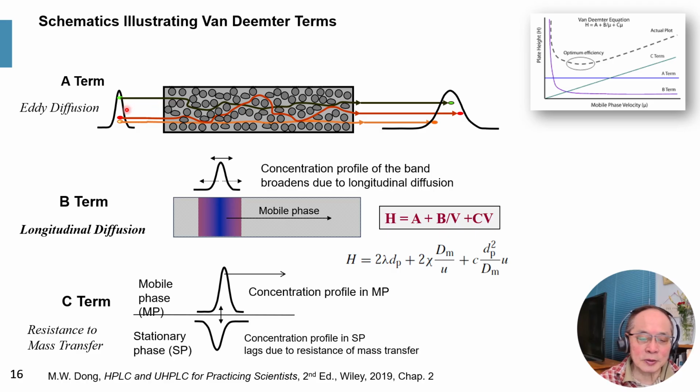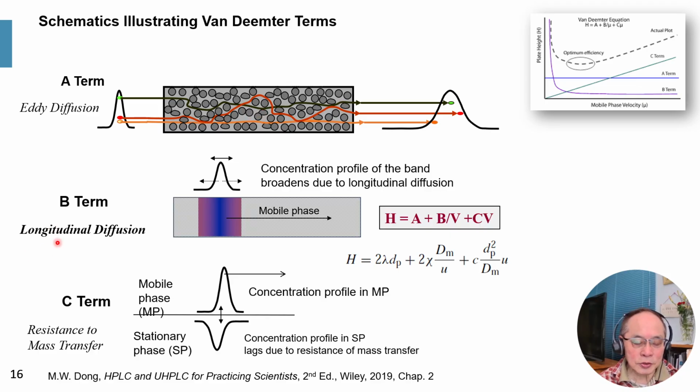Each of these molecules or analytes would go through the column with a different path, such as a random walk. However, if you have a very tightly packed, well-packed column, there are no voids in there. Ultimately, under isocratic condition, even though the band is emerging broader, it should come out as a pretty sharp peak. So this is the A term.